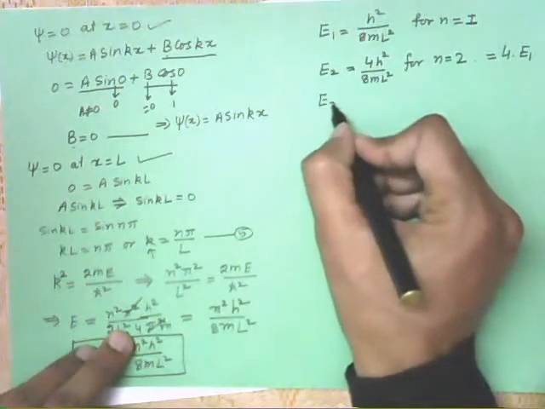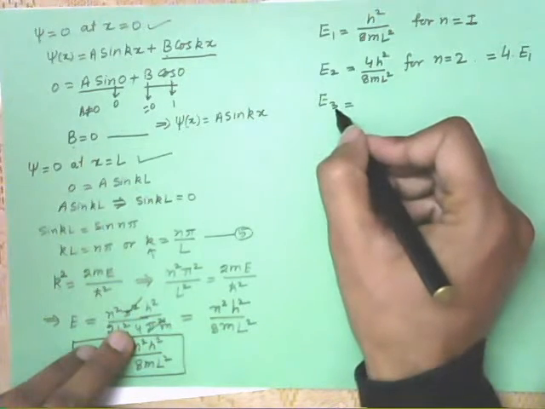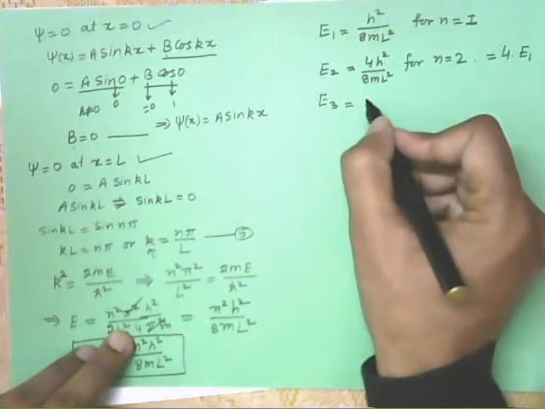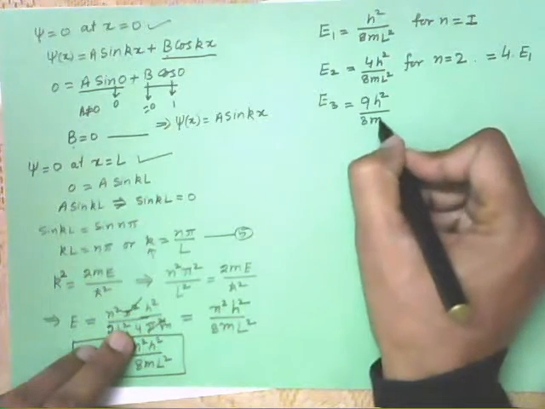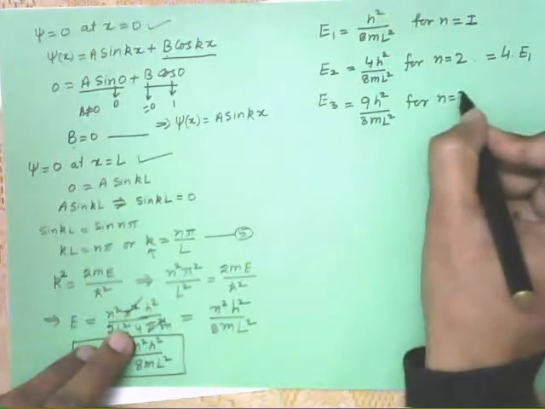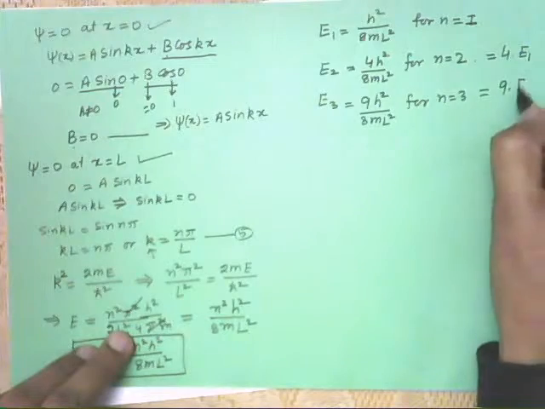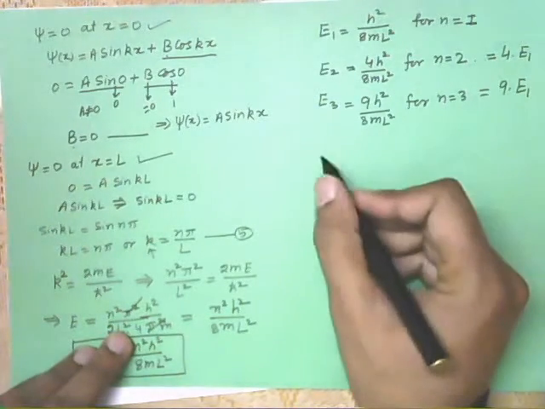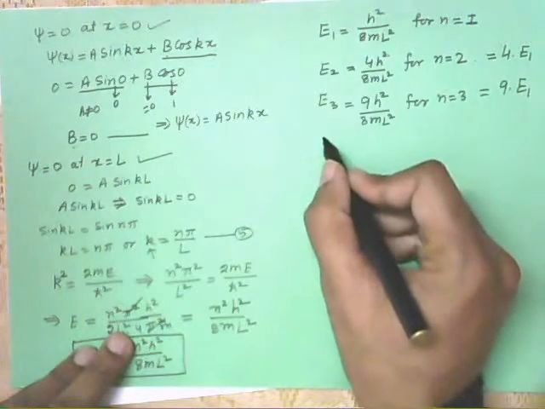Now E3 will be n square h square, n is equal to 3, so 3 square, 9h square upon 8mL square for n is equal to 3. So this is 9 times the ground state, and similarly one can find out for 4 and so on.